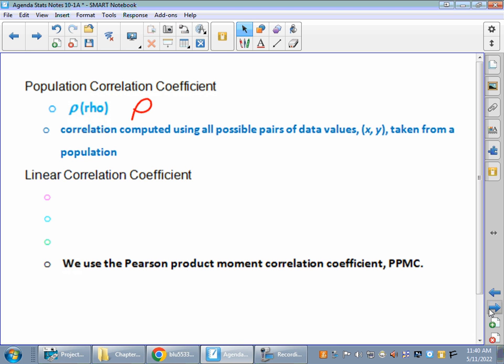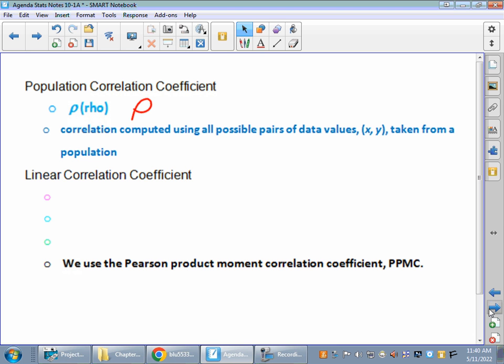I've been trying to say all year, anytime we have stuff about population, it's always a Greek letter. Mu is population mean. Sigma is population standard deviation. Rho is population correlation coefficient. Well, typically, we cannot get all the possible pairs of data values from a population.